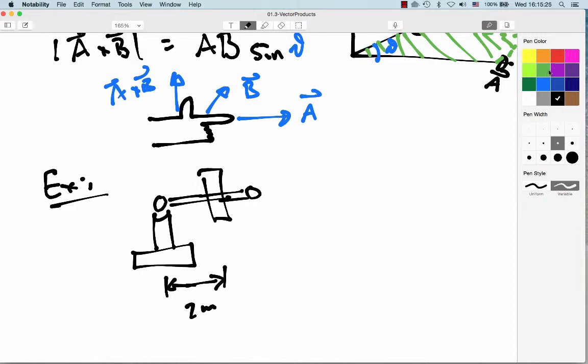Okay, so if we plot out the forces here, we will have a force of gravity pointing down like so. There'll be some sort of reaction force pointing up. So let's say the force of gravity works out to be 10 newtons down. The reaction force by Newton's second law, this is a static situation, would have to point 10 newtons up.